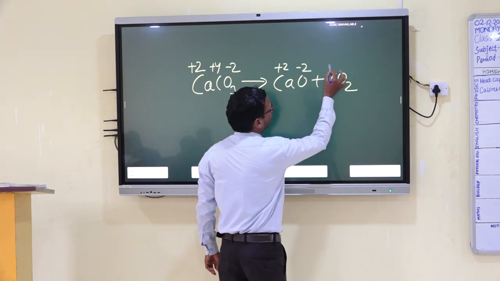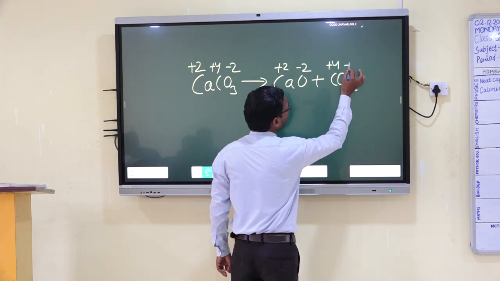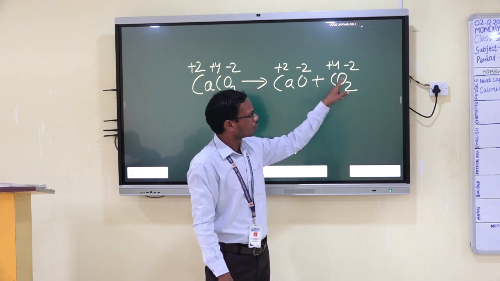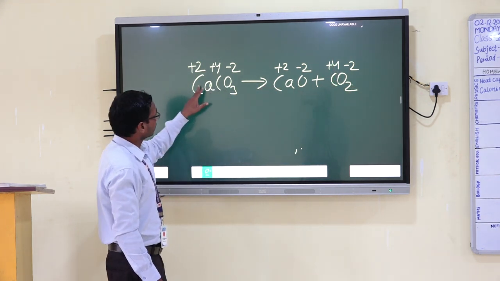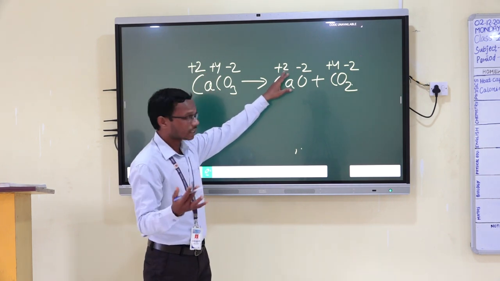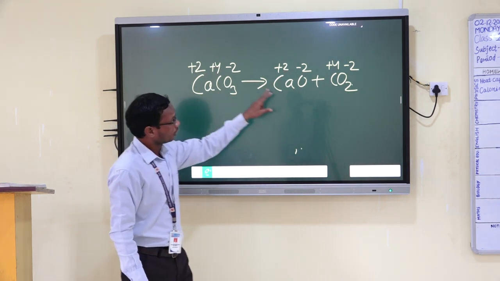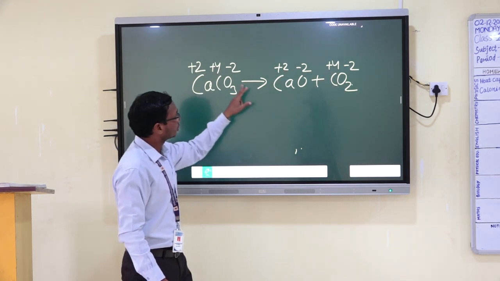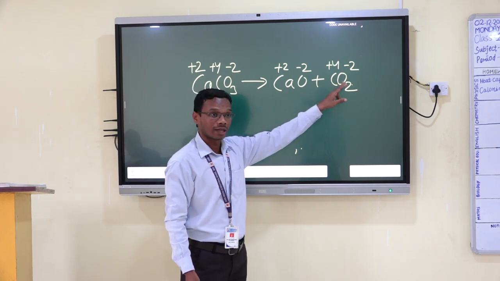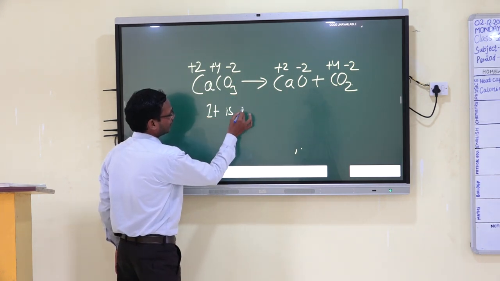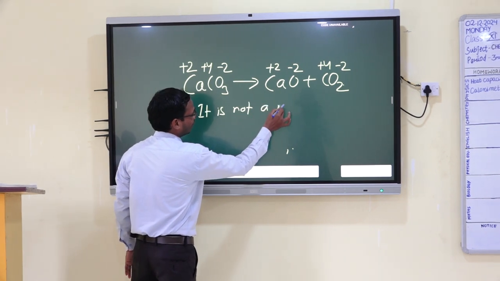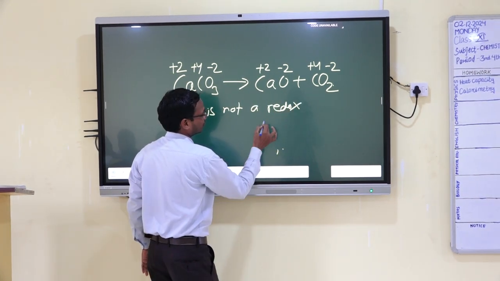In CO2, carbon is +4, oxygen is -2, -2 into 2 is -4, so +4. Now compare. Calcium +2 and +2, same. Carbon +4 and +4, same. Oxygen -2 and -2, same. That means it is not a redox reaction. Right?